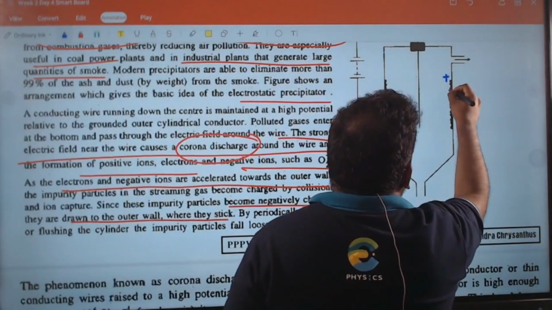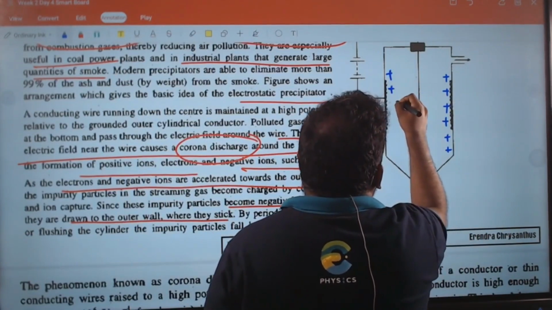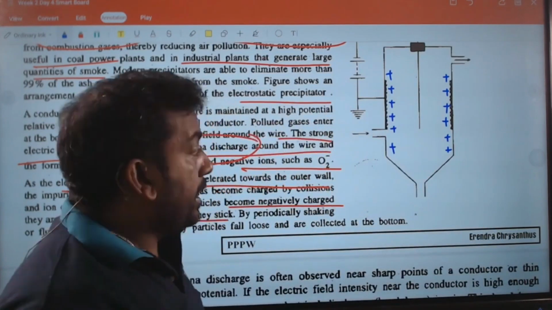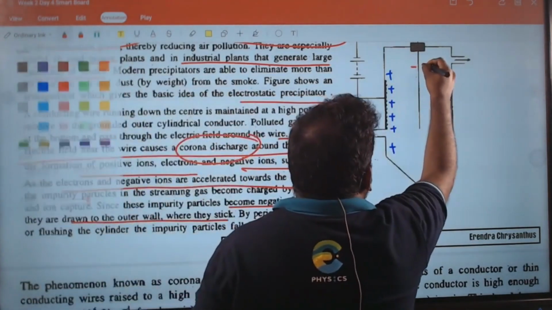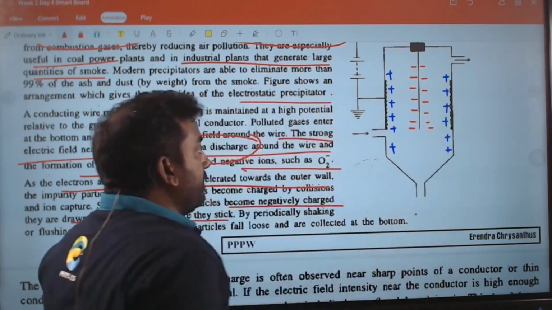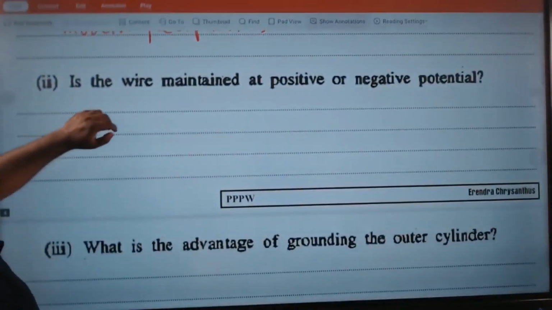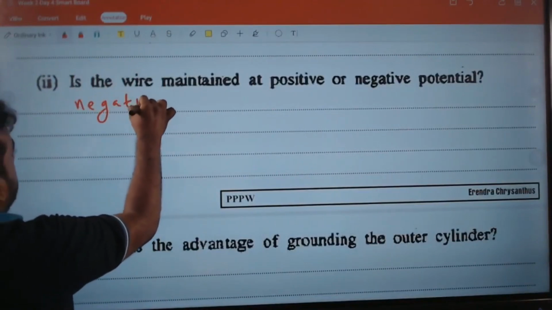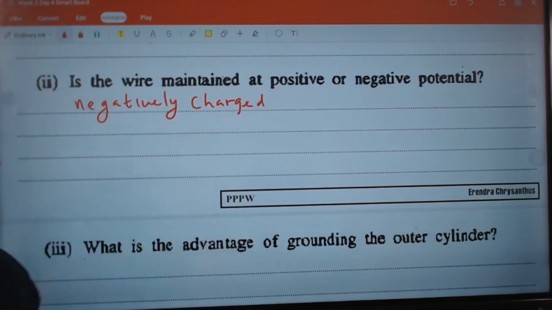So the outer wall is positively charged. Electrons and ions will go there. So what can you say about the charge on the main conductor here? It is going to be negatively charged. Very simple. Negatively charged. So moving on. So positive or negative? Negatively charged. Very simple work. There, negative charge.